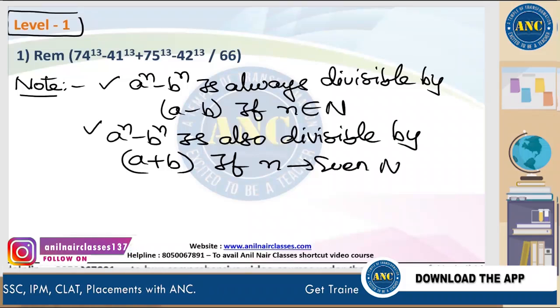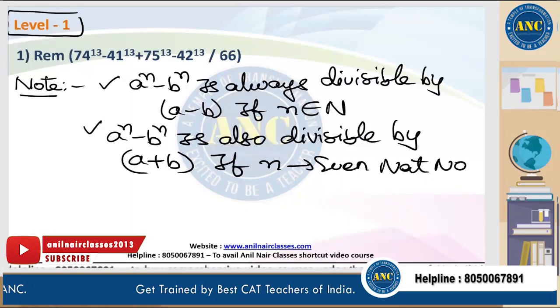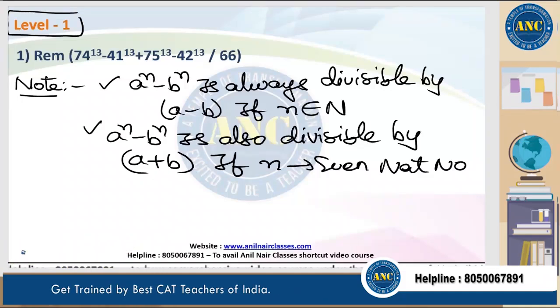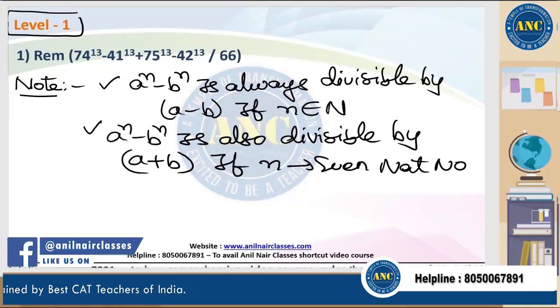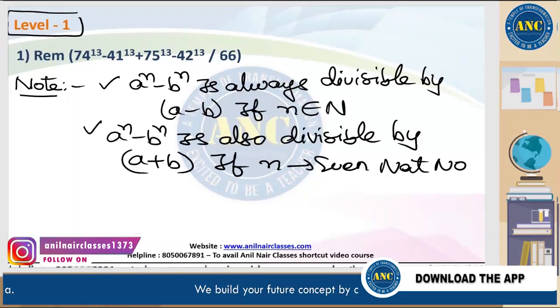Write down in the same order whatever I am specifying. a power n minus b power n. a square minus b square is (a minus b) into (a plus b). a cube minus b cube is (a minus b) into (a square plus ab plus b square).